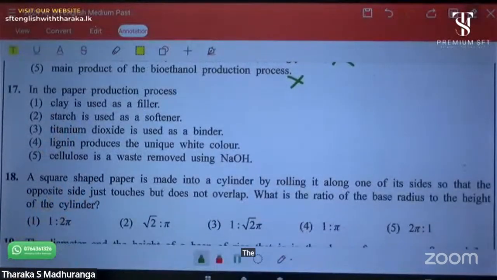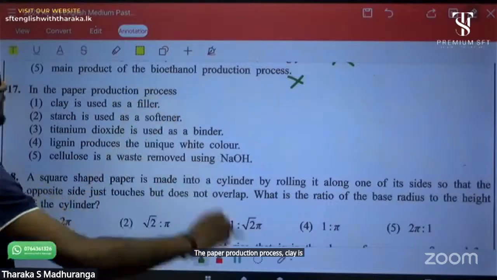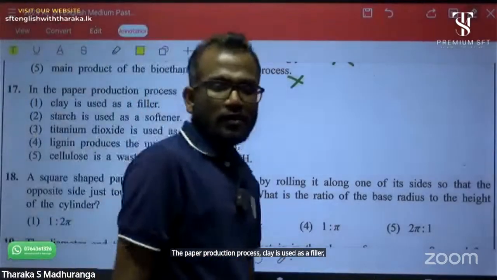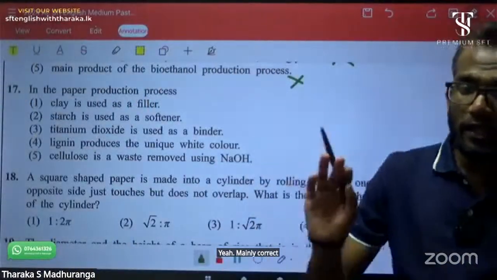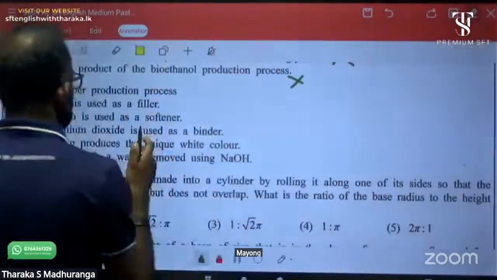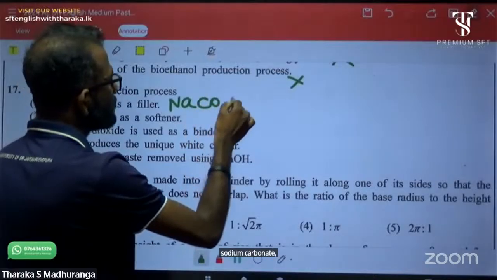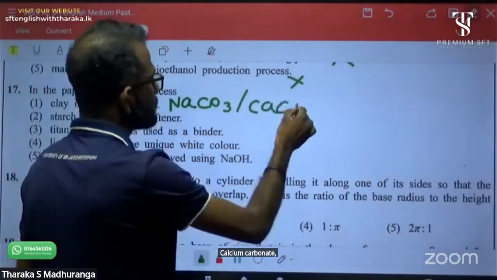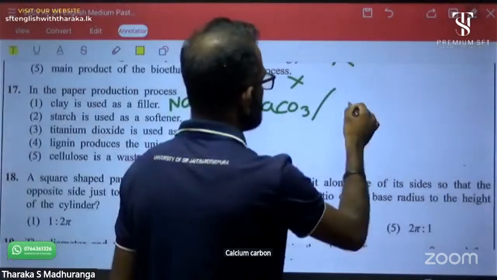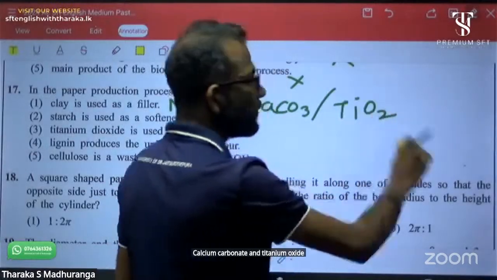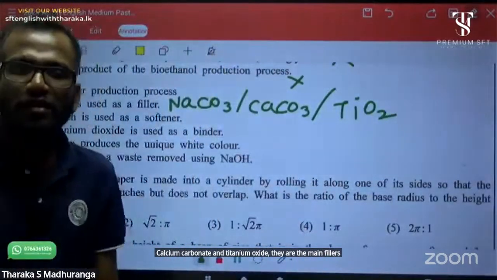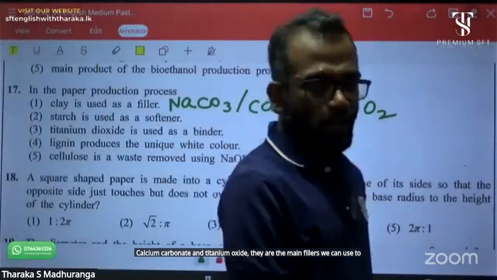In the paper production process, clay is used as a filler. Yes, mainly correct. Not only clay, you should know what else we can use: sodium carbonate, calcium carbonate and titanium oxide are the main fillers we can use in paper production.